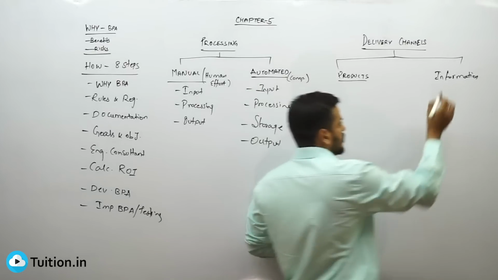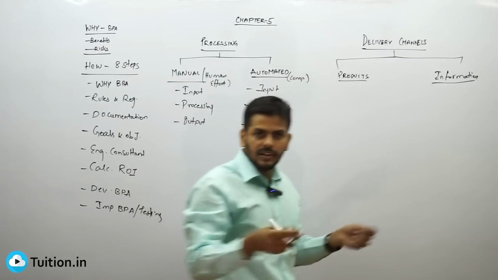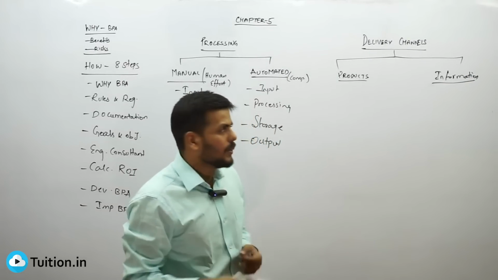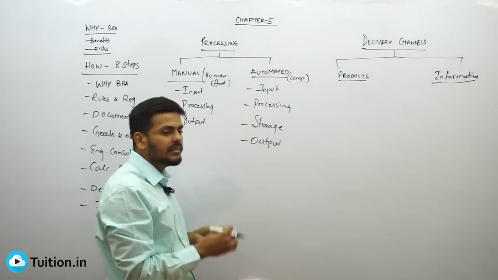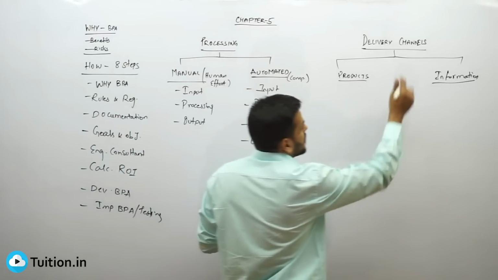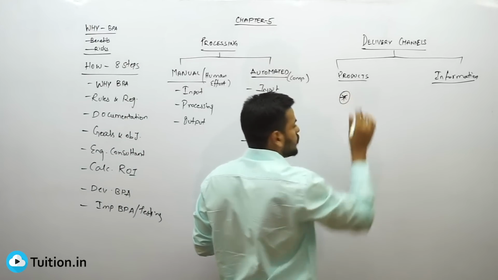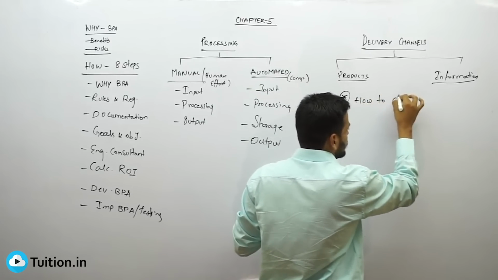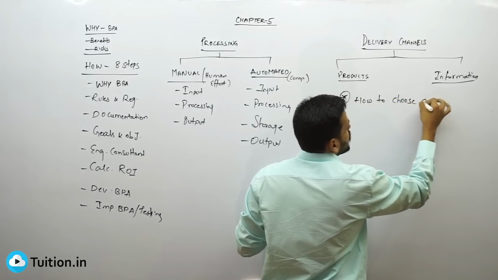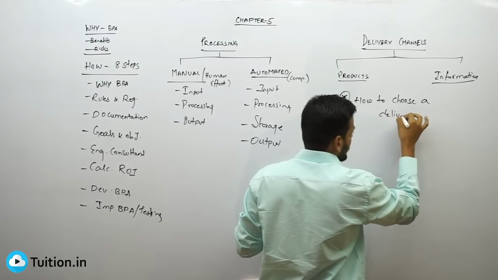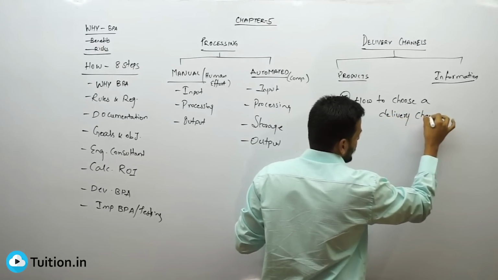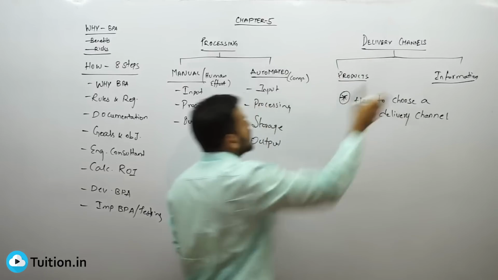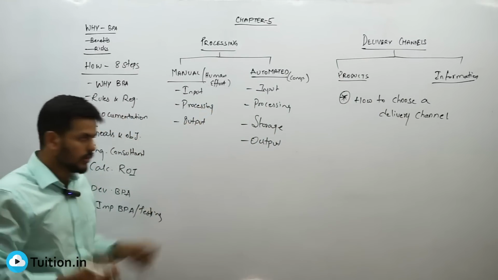Same is the case with information. We can deliver the information physically through books and papers, and of course we can deliver it online. So what is the best way, right? There are 2 questions under this concept of delivery channels. It's very important to figure out how to choose a delivery channel. How to choose a delivery channel out of this is a very important question at this juncture. That is what you're supposed to know.